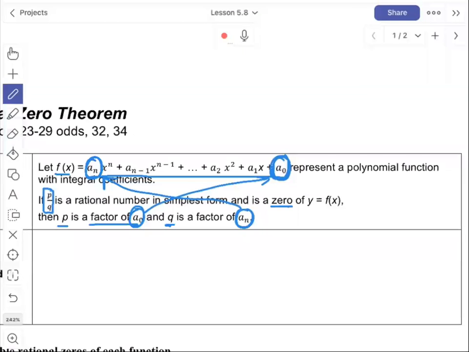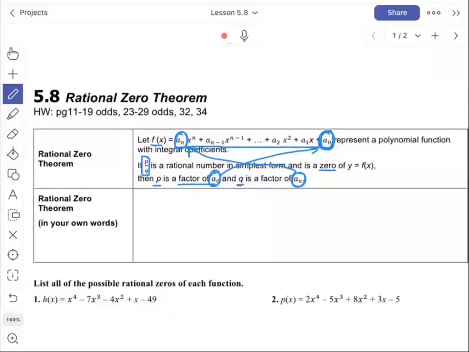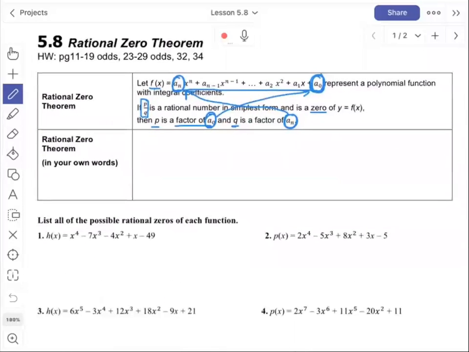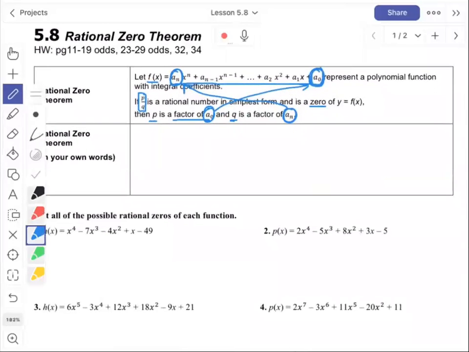Okay, so I'm sure that probably did not make a lot of sense. So let me see if I can put this in normal person terms. And I'm going to use example 1 to demonstrate it as well.